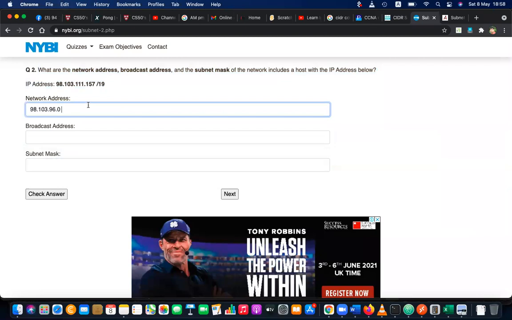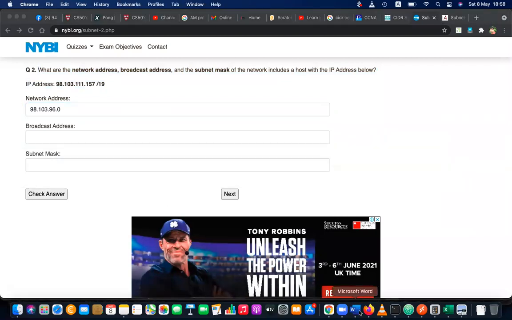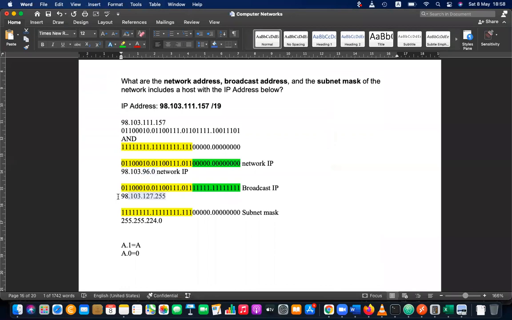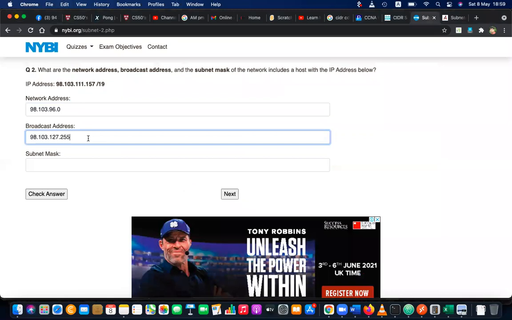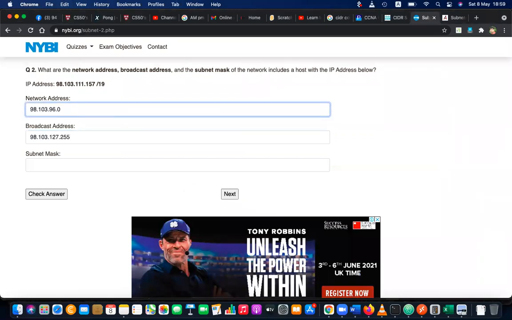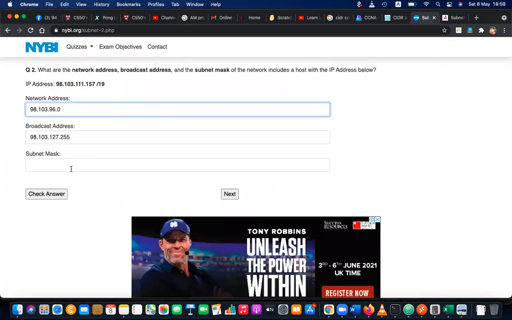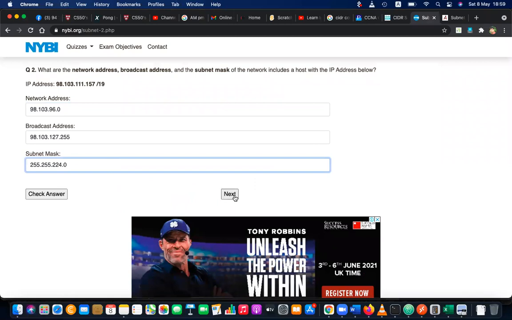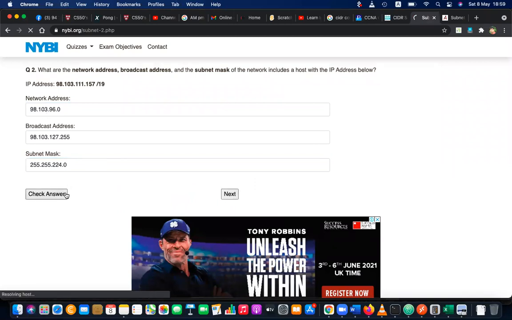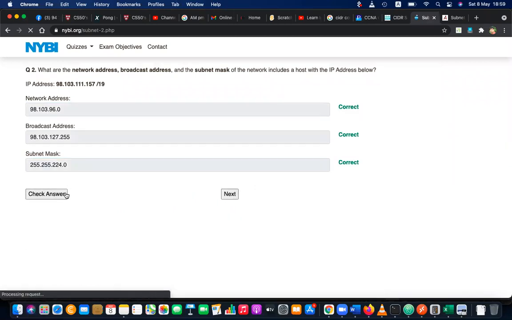The broadcast IP, let's go back, and this is our broadcast IP. So what do you think about this kind of question? I think these are easy. The only thing is you should know the pattern. Without knowing how to calculate this, you won't be able to answer. Okay, let's check the answers. You got all correct.